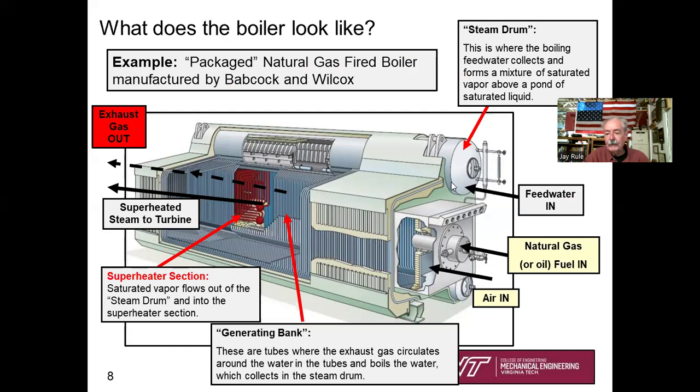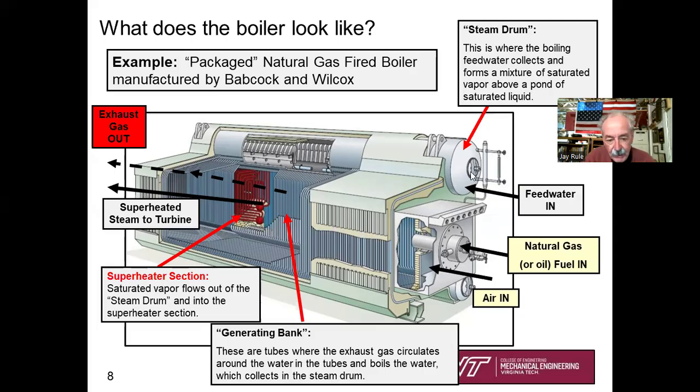Feed water is admitted into the boiler, and it goes through these tubes, and actually the compressed liquid circulates through these tube banks, and the hot exhaust gas boils that water, and it turns it into a saturated vapor.